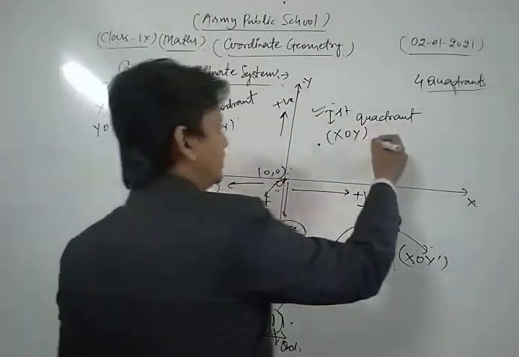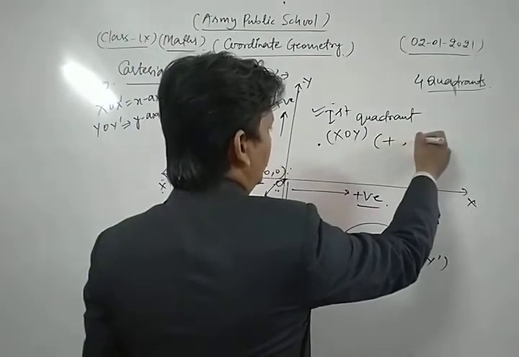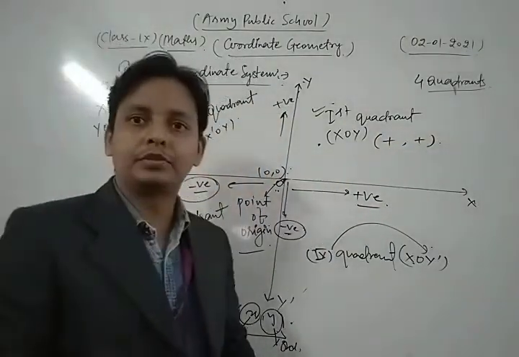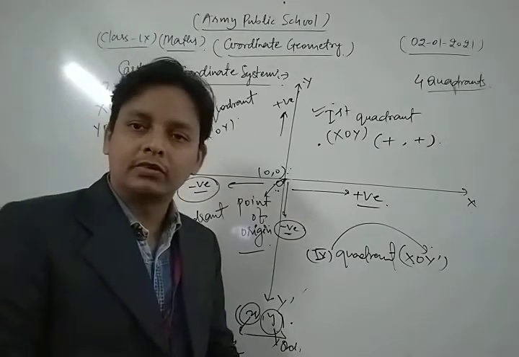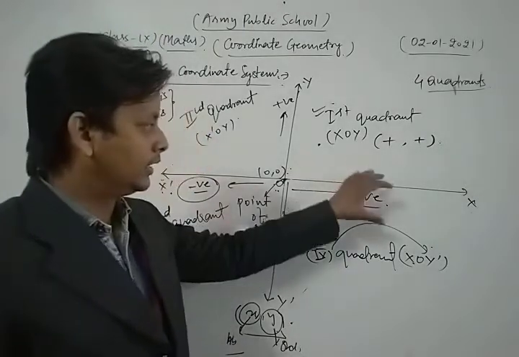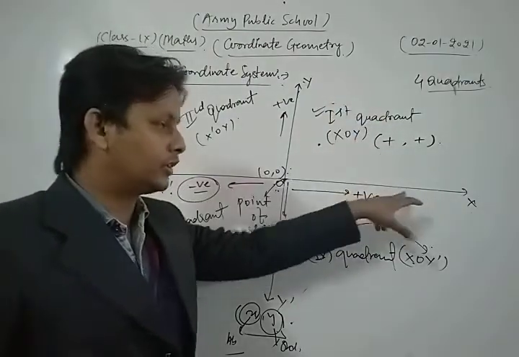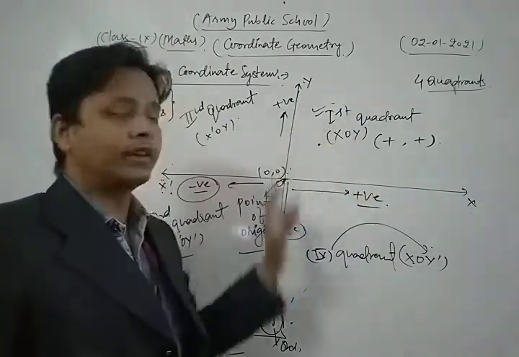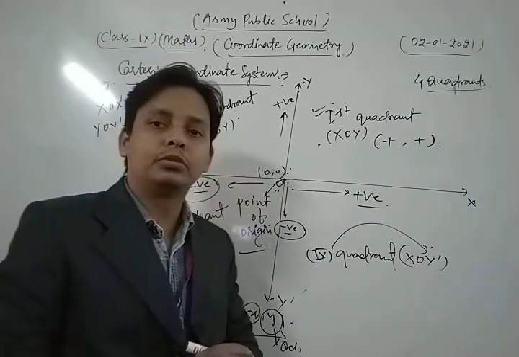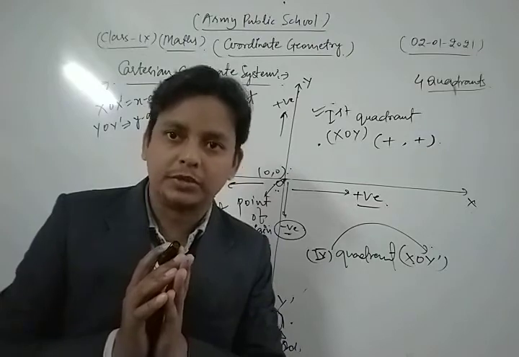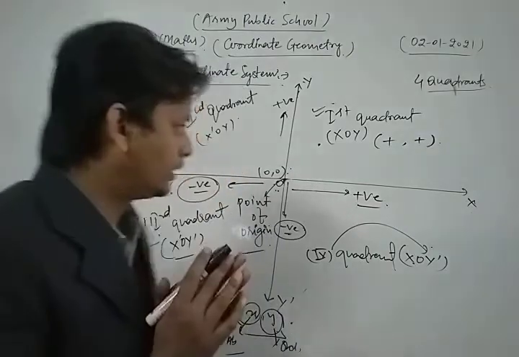So in the first quadrant both the abscissa and ordinate are positive, because this region is in the positive direction of x as well as the positive direction of y. So in that quadrant both the abscissa and ordinate are positive. Now clear?